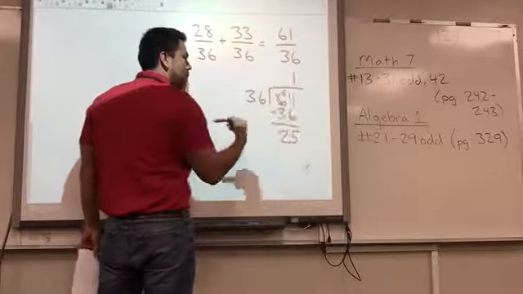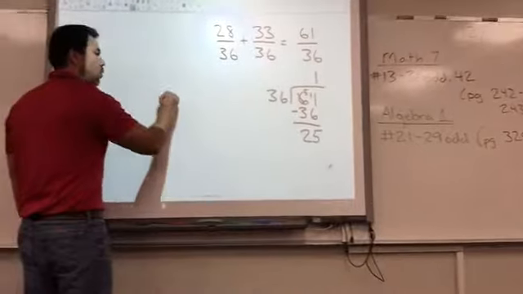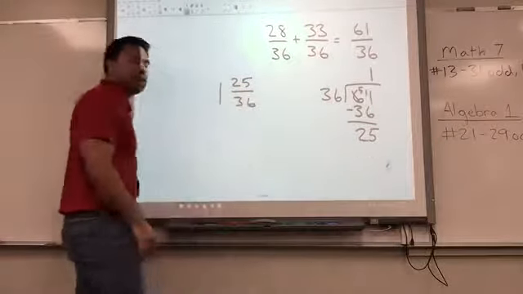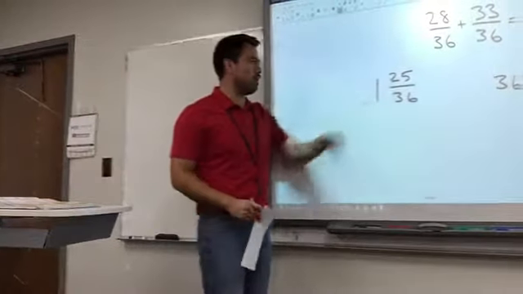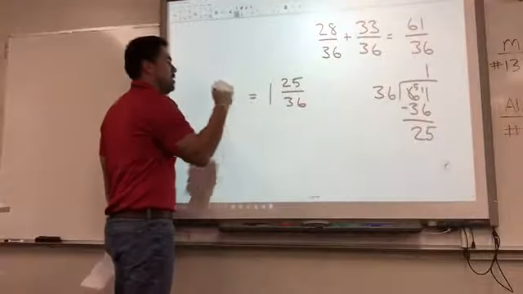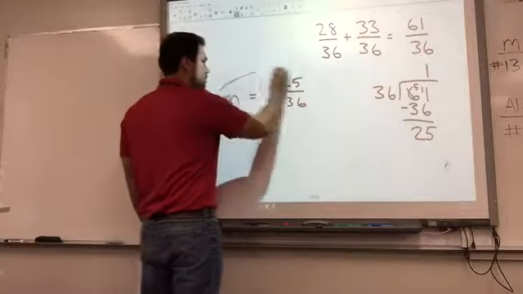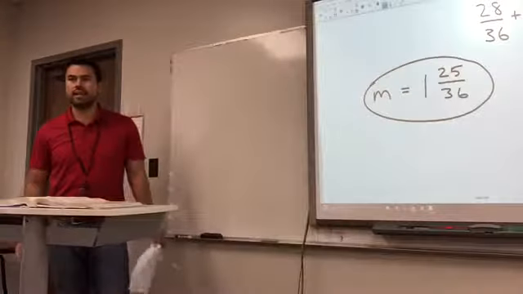It's the whole number part 1 and 25/36. Does anything go into 25 and 36 evenly? No. These are relatively prime. And what's my variable? M. So M equals 1 and 25/36. Okay, you guys get that?